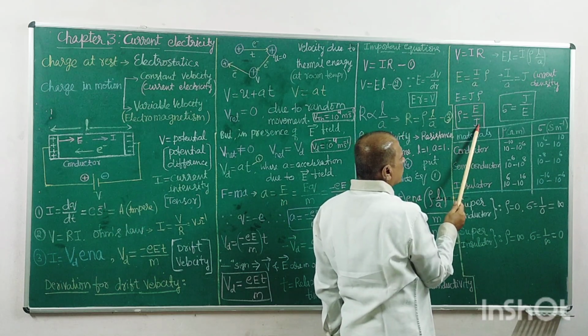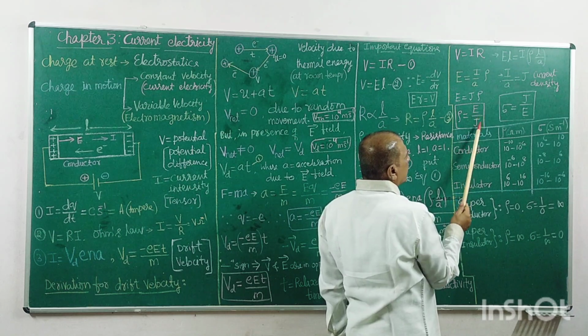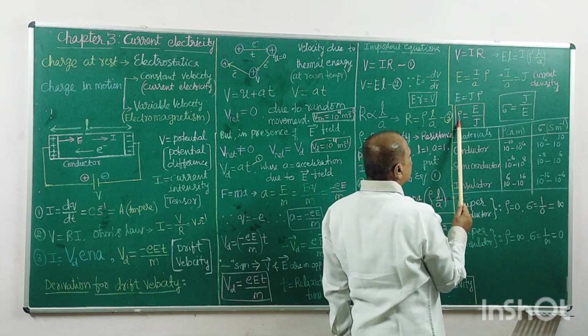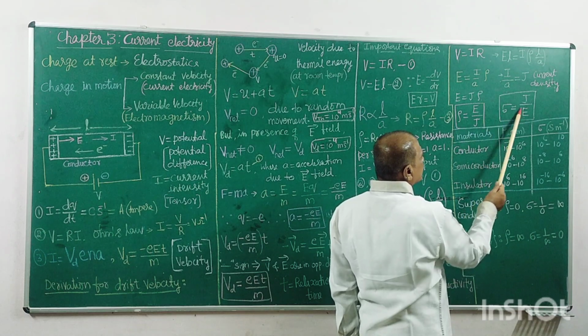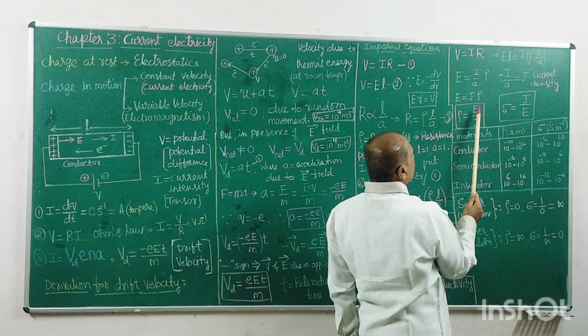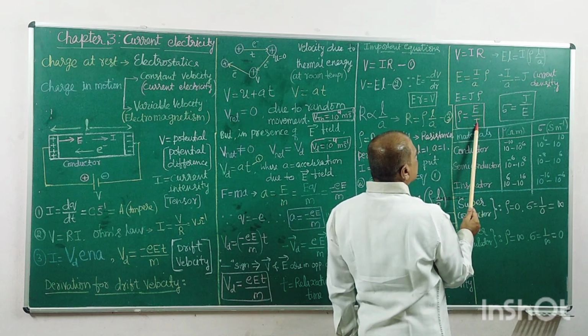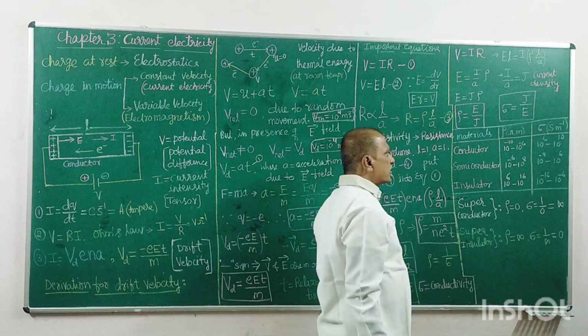This ratio, the electric field produced in the material divided by current density, is called resistivity. In terms of conductivity, it is the inverse of this. These equations are very important in terms of current density, resistivity and conductivity.